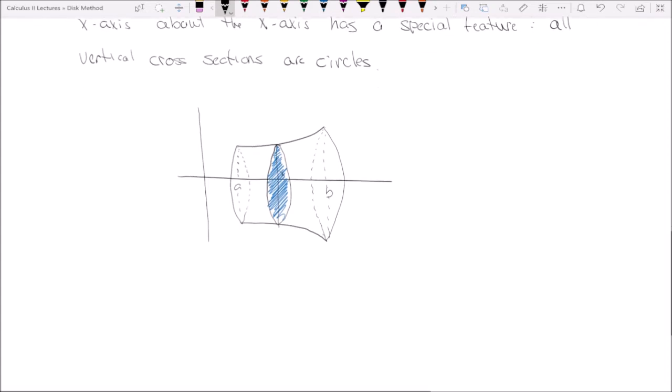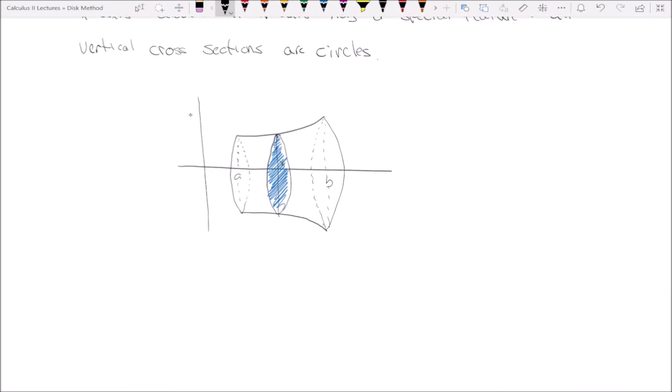Now notice the cross section at the point x is a circle with radius, call it capital R, equals f of x.